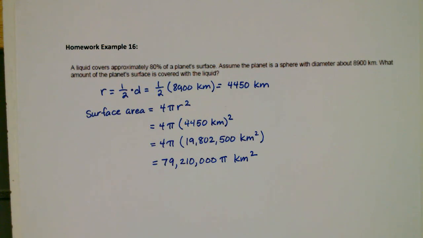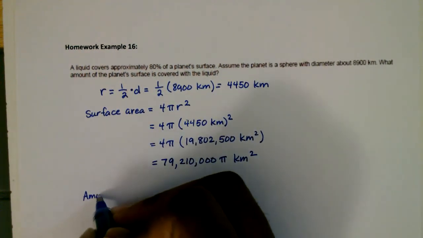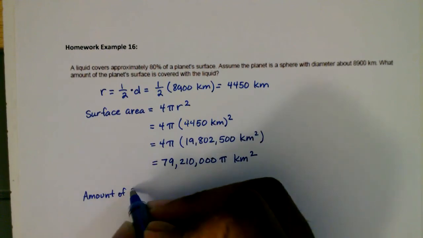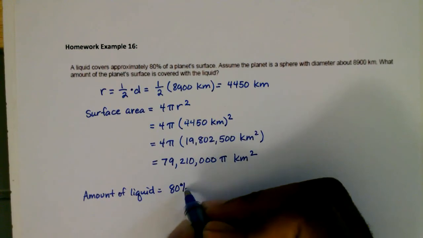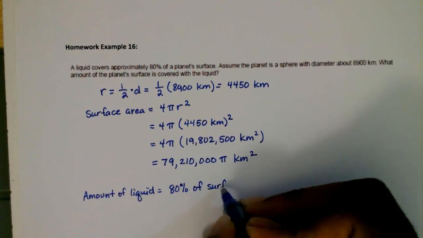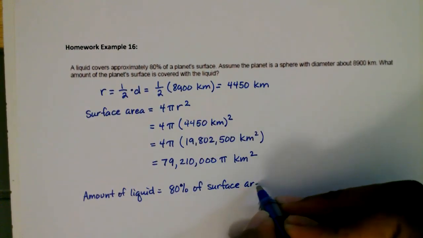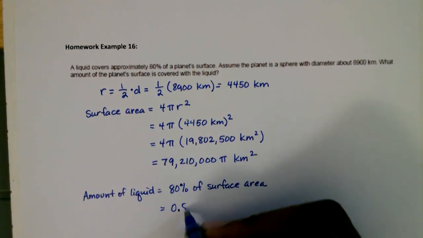But I want to find out what amount of the planet's surface is covered with the liquid. And we're told that the liquid covers approximately 80%. Okay. So the amount of the liquid is this: 80% of the surface area. And 80% as a decimal will be 0.80.